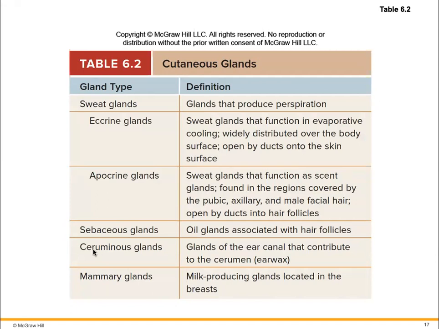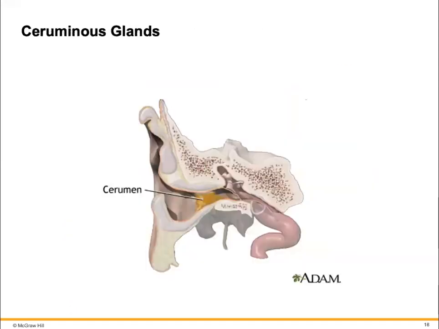But I want to take a moment and look at the ceruminous glands. Ceruminous glands are the ones that produce cerumen, which is your earwax. The yellowish waxy substance that you see in your ears typically is sebum mixed with dead epithelial cells. And the function of this is actually to help keep your eardrum pliable, and it helps to waterproof your ear canal.